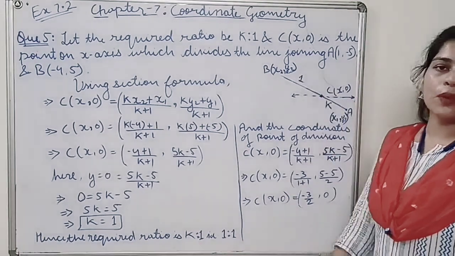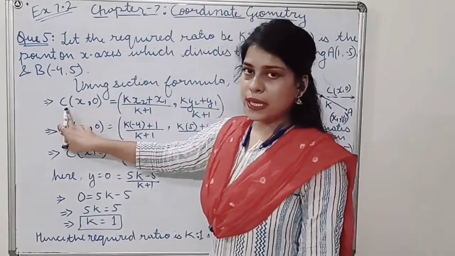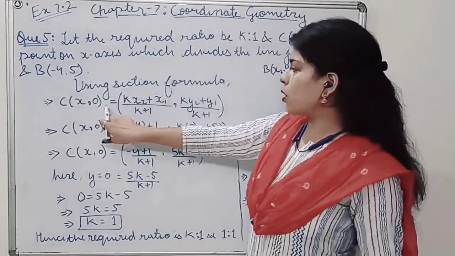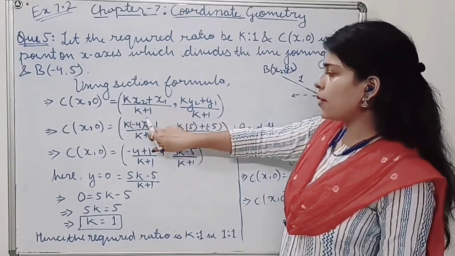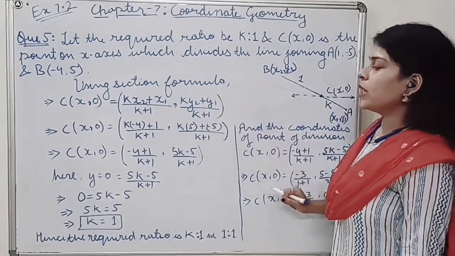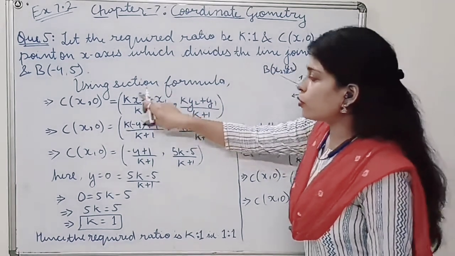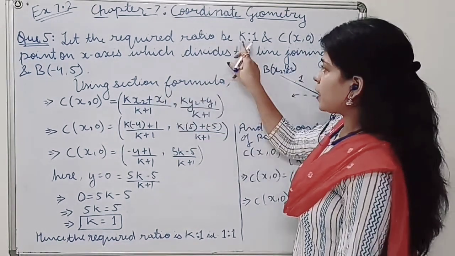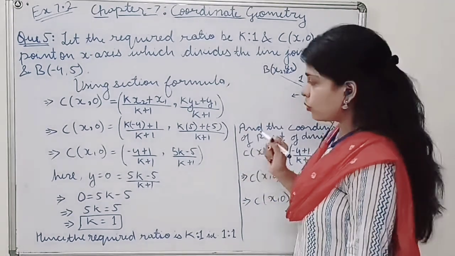Now, using the section formula, the coordinates of point C, which is x0, are given by (kx2 plus x1) upon (k plus 1) and (ky2 plus y1) upon (k plus 1). This is the formula when we take the ratio of division as k:1.